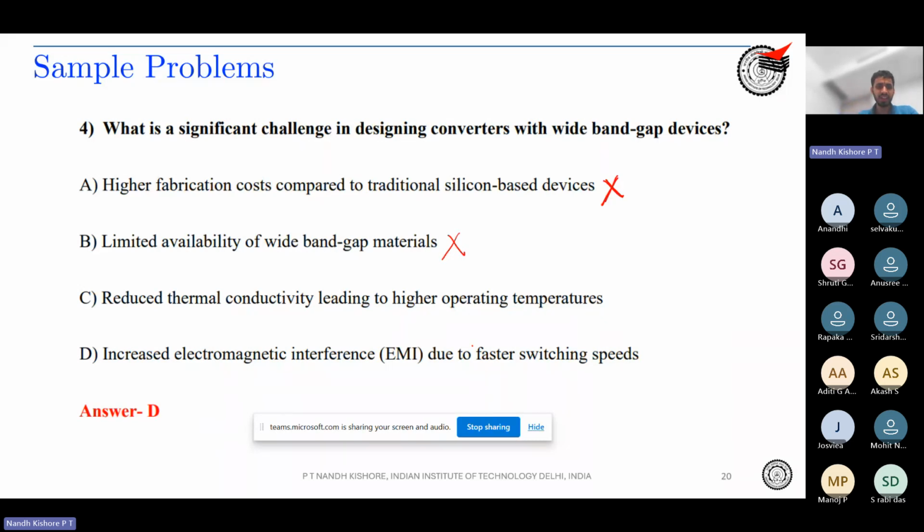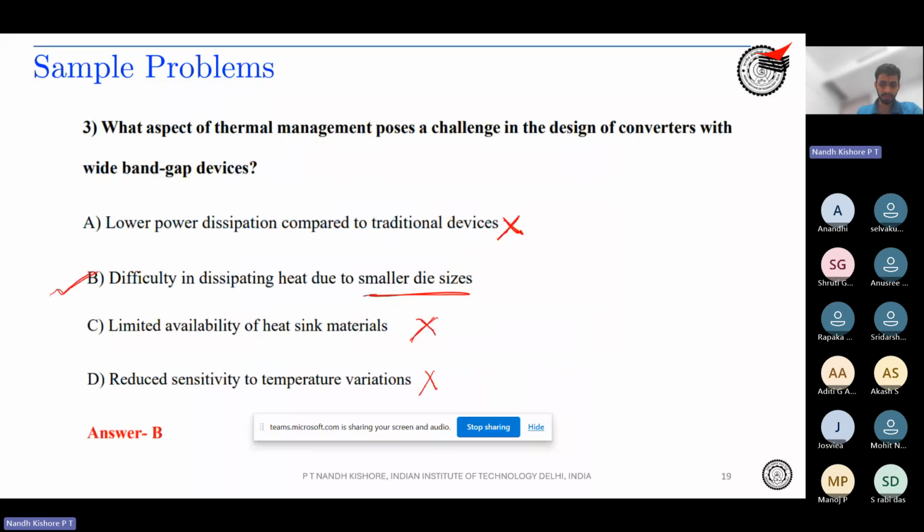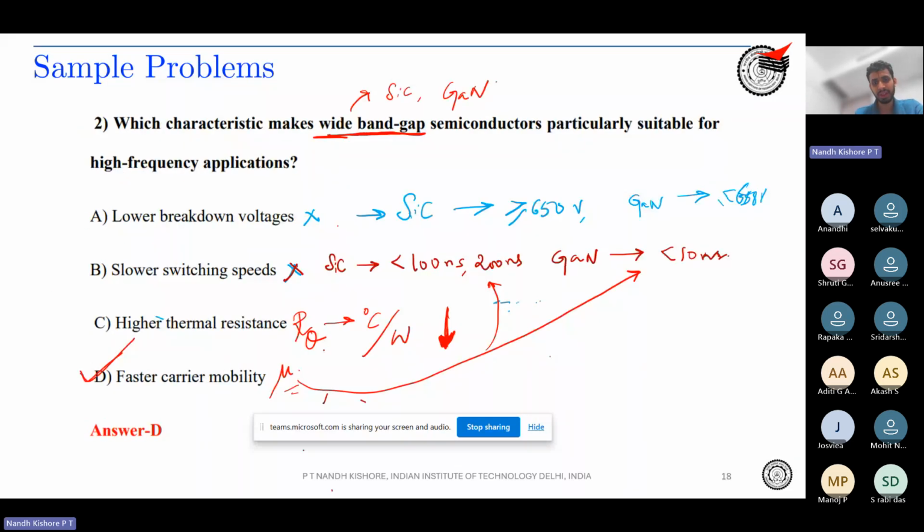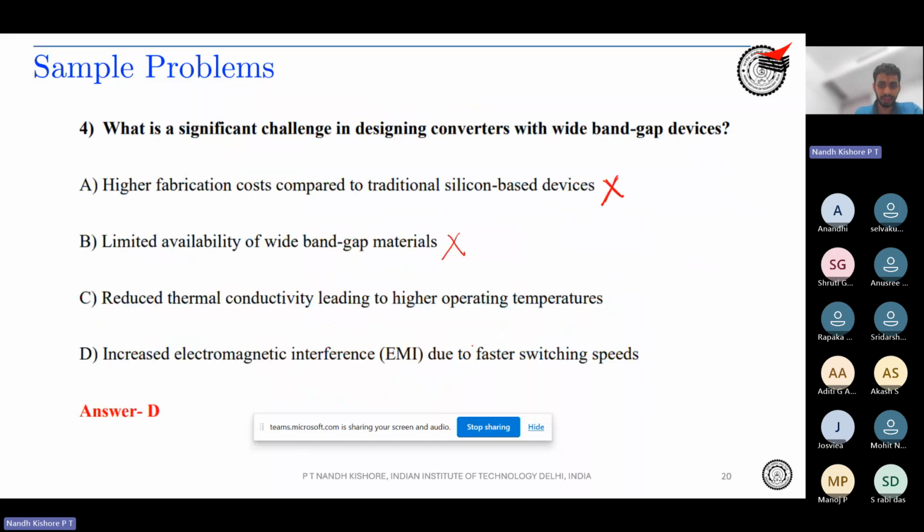No. In fact, we just studied that the R theta of WBG devices is lesser because they have better thermal conductivity. And increased electromagnetic interference due to faster switching speeds? Yes, this is the answer.